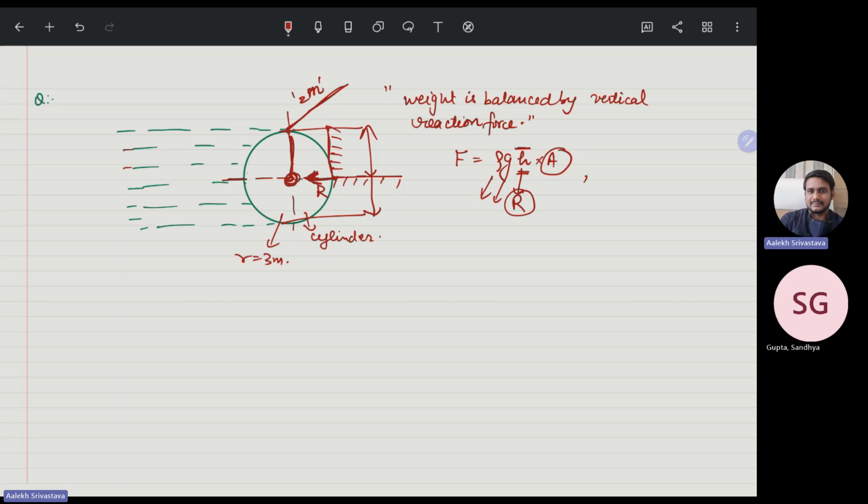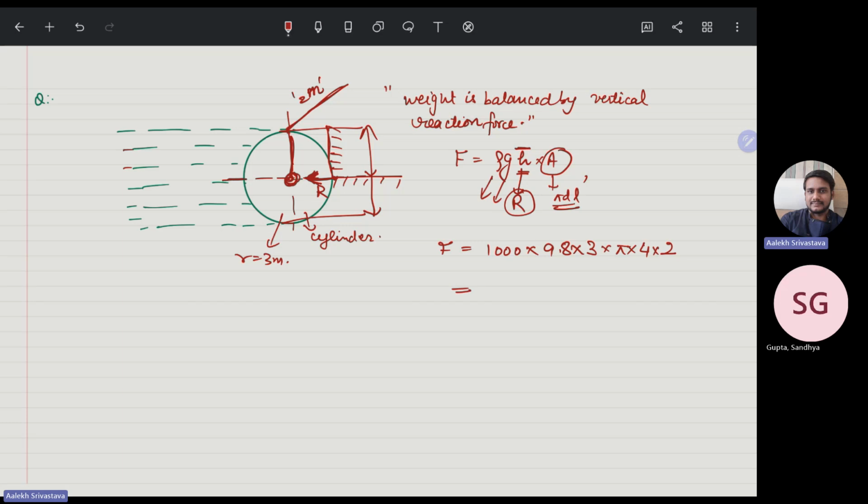So if I see it, the area is pi dl and everything is given. So rho is 1000 into gravity 9.8 into area, diameter is 3 meter into pi into d, that is 4, 2 into 2 into 2, again the length.